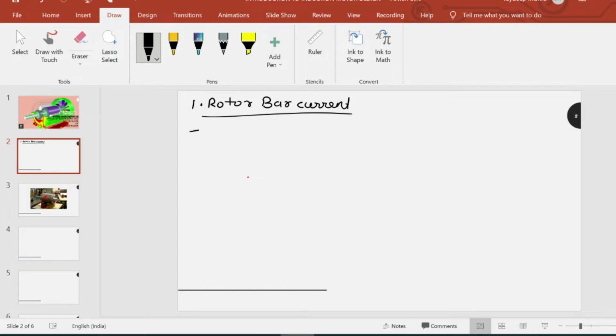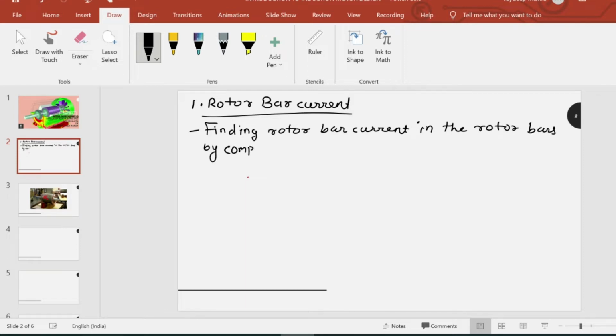By comparing the MMF developed in the rotor and stator.